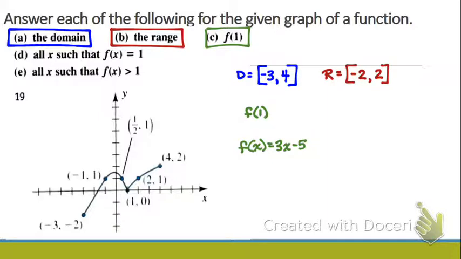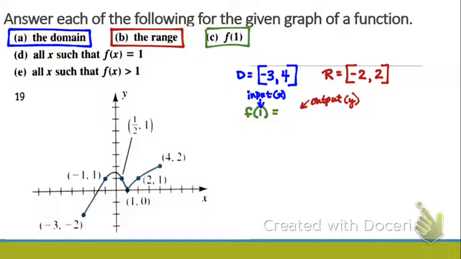Substitute the 1 in for x. That's exactly what we're going to do, except I'm going to do it on the graph. So this is going to be my input, my x value, and I want to figure out what the output or the y value is.